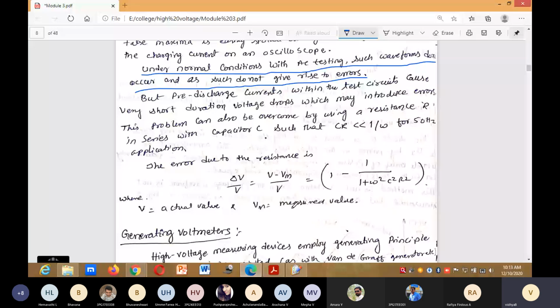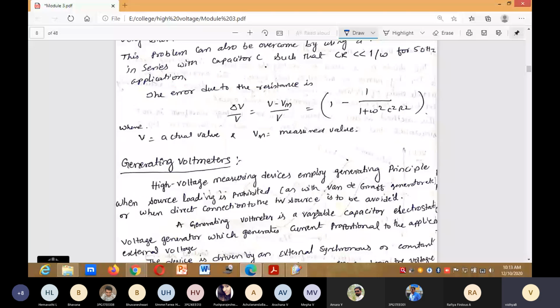In determining the error, the actual value of the angular frequency, that is omega, has to be determined.